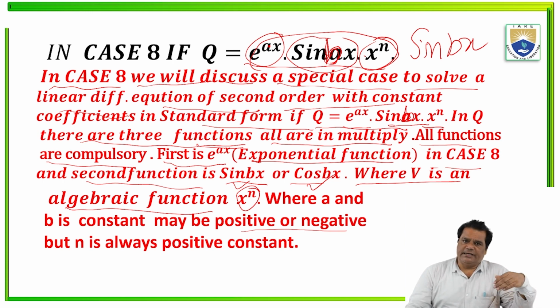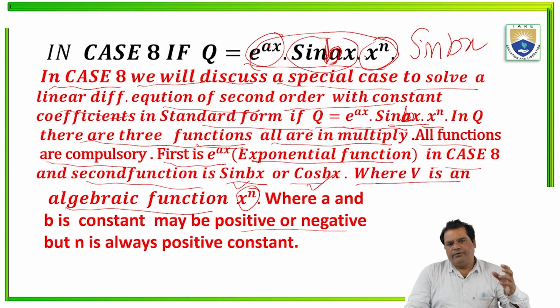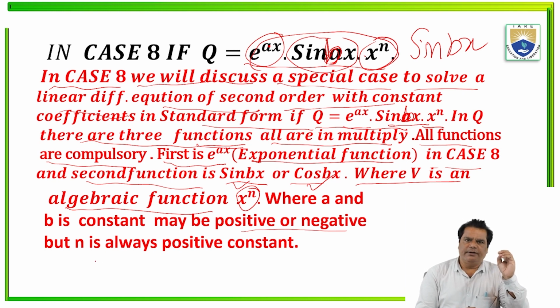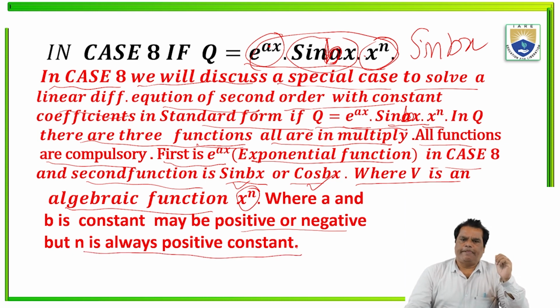The constant a occurs in the exponential function, the constant b occurs in the trigonometrical function sin bx or cos bx, and the number n occurs in the algebraic function. But here n is always a positive constant. In an algebraic function, the power of the variable is always positive.